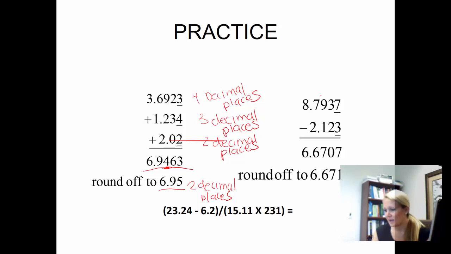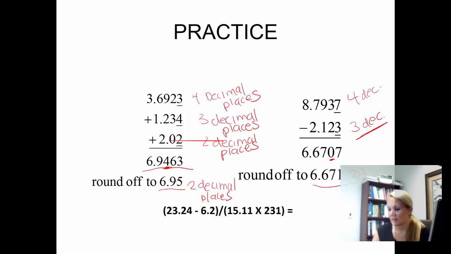Alright, here we have 4 decimal places. We have 3. That's what we would get in our calculator. So we have to report our answer to 3 decimal places. And so we would round off. We would look at the 0, and a 7 is beside it, so that rounds the 0 up to a 1.